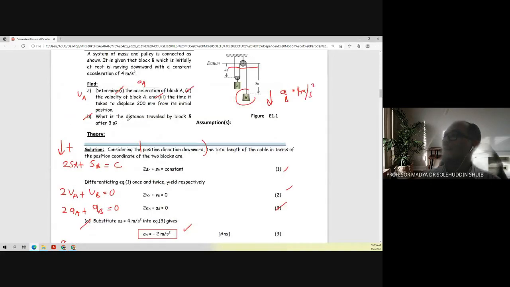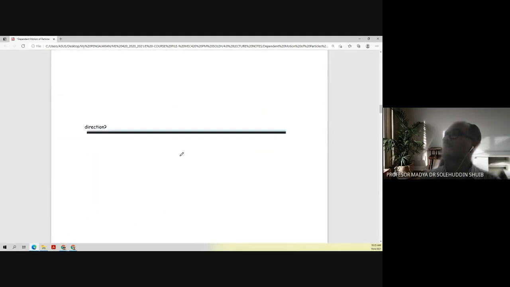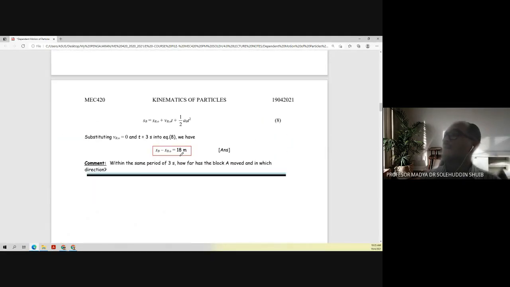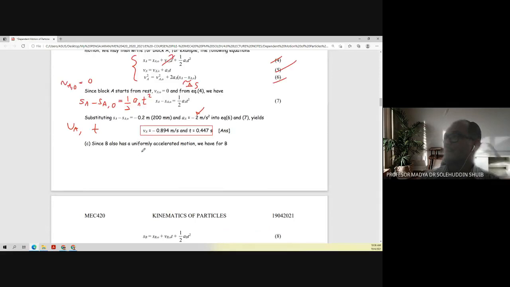Part B, what is the distance traveled after 3 seconds? You substitute the value of 3 seconds into equation 8. So you get delta s_B equal to 3 meter. Basically the same way as we did in part B.